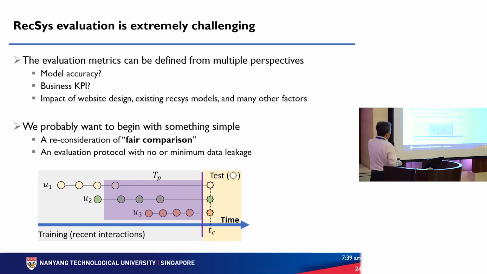There's also impact from the website design, from the existing models, and from many other factors. So it's not as simple as we train a model and we see our model is better than yours. We also need to consider what a fair comparison means.